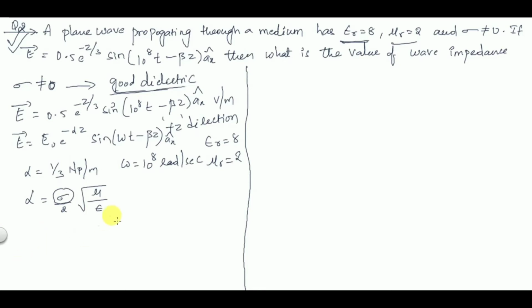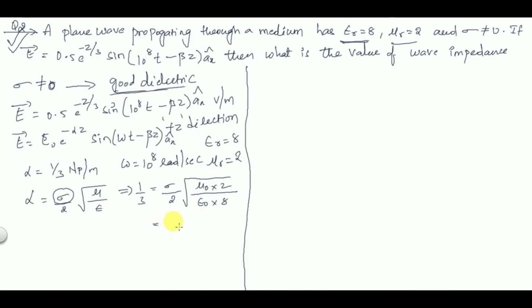Right, so what is alpha? Alpha is 1 by 3 given, so sigma value only we want to find, by 2 into root of, what is mu? Mu is mu naught into mu r, so mu naught into 2 divided by epsilon, which is epsilon naught into epsilon r, 8. So what is root of mu naught by epsilon naught?